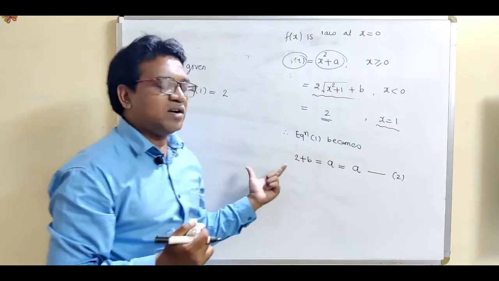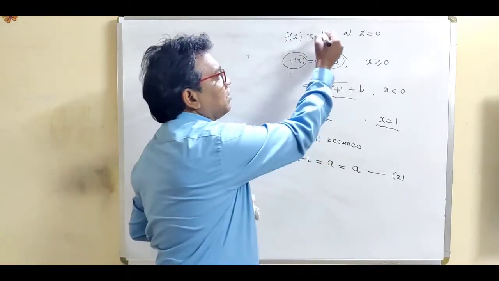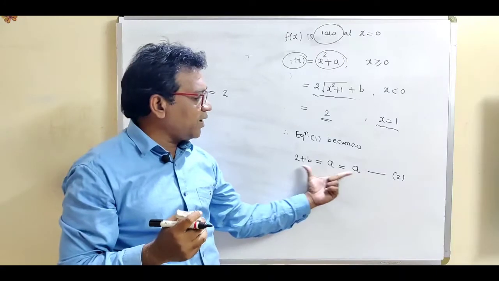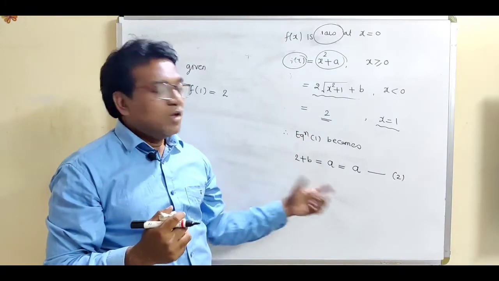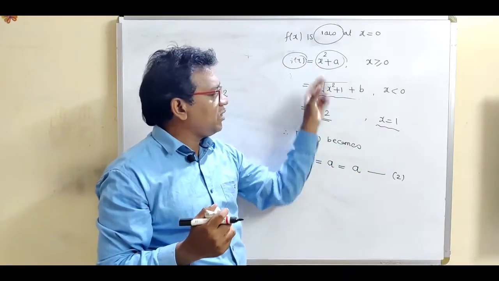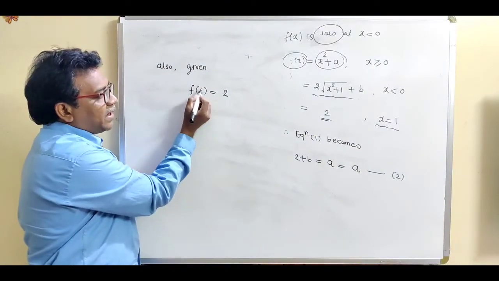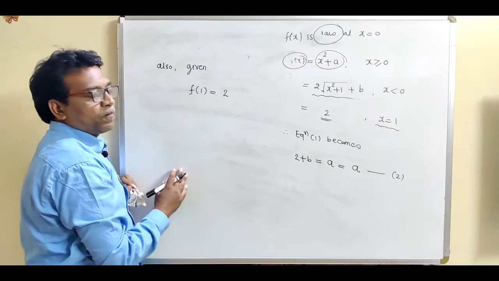So this is our new condition. This is some extra condition, because if we use just the first condition, that f(x) is continuous at x equal to 0, we cannot find a and b separately. So we require some more condition. At x equal to 1, we are given the functional value, it is equal to 2.